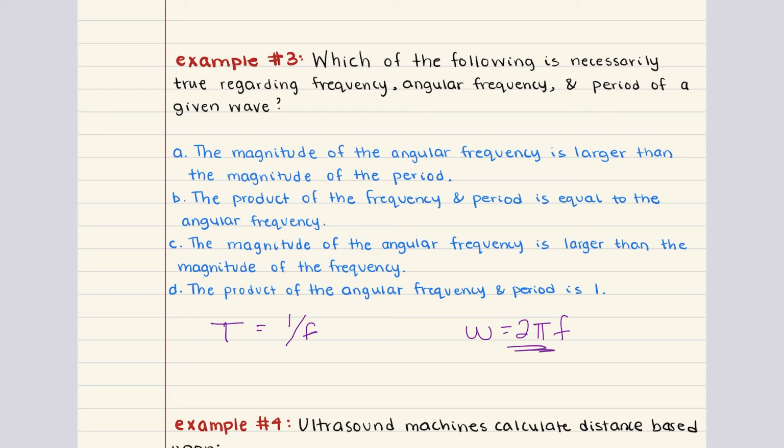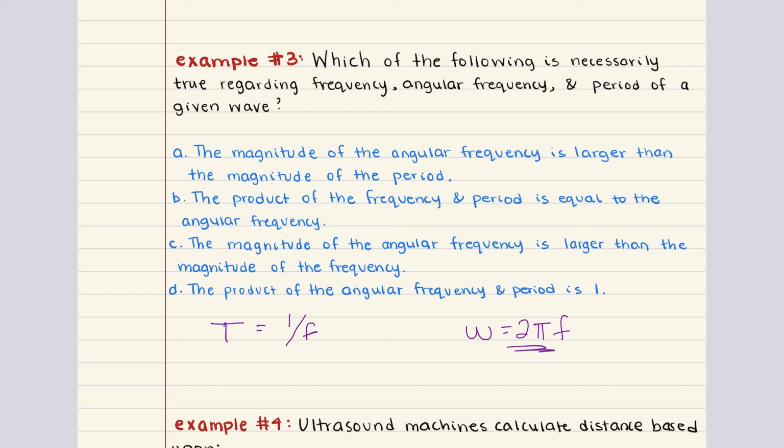Since 2 pi is a constant greater than 1, it follows that the magnitude of the angular frequency will always be larger than the magnitude of the frequency. Let's keep all that information in mind as we go through each option.